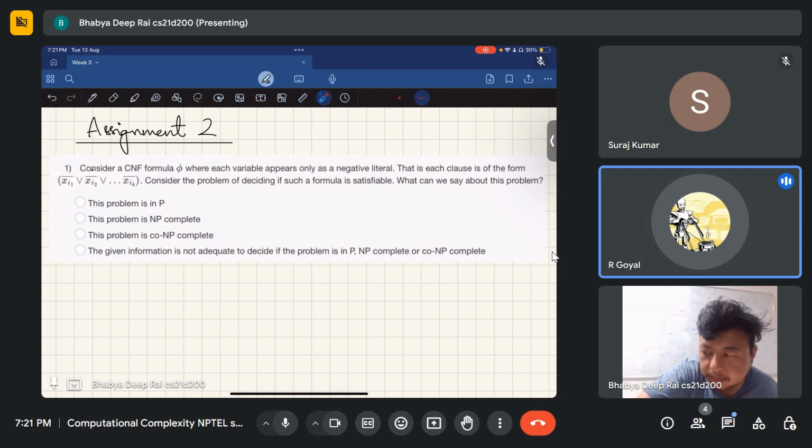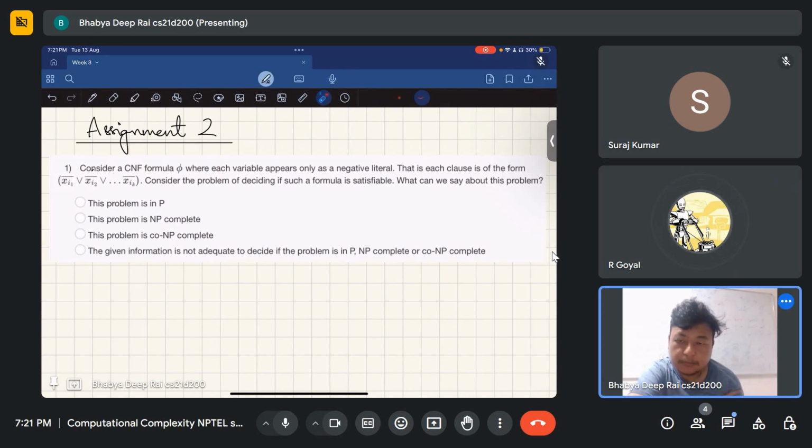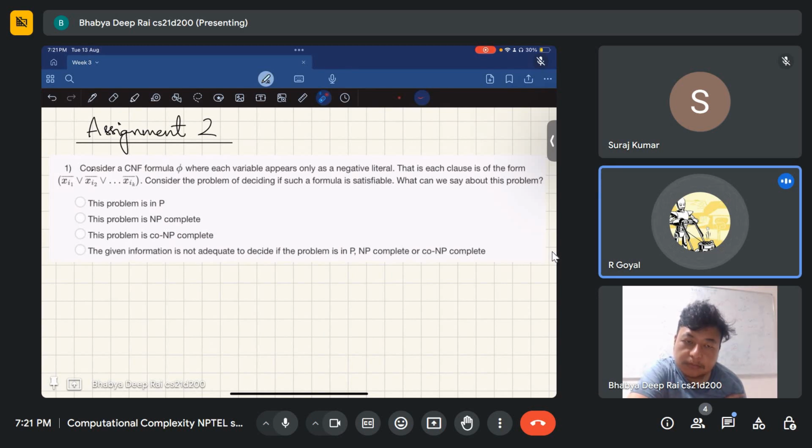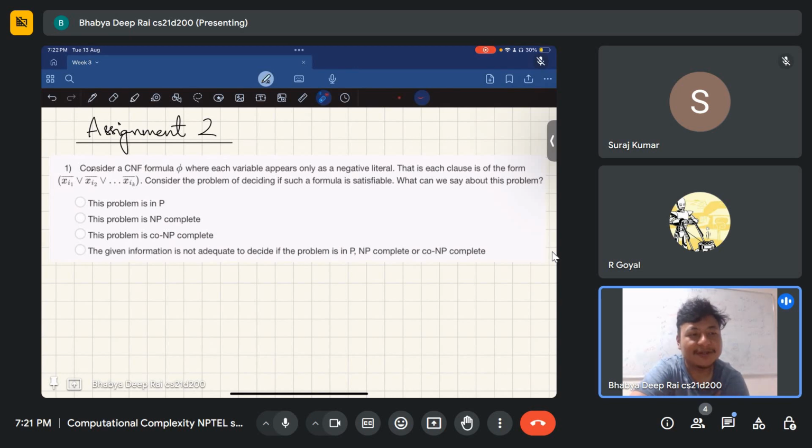If we use De Morgan's law here and bring this complement out of the entire thing, then the clause would be in the form of what? Sum of products, I don't remember. But even if the formula is in DNF, it will not have any impact on the nature of the problem, and the problem would still remain NP complete only. Okay. And Suraj?